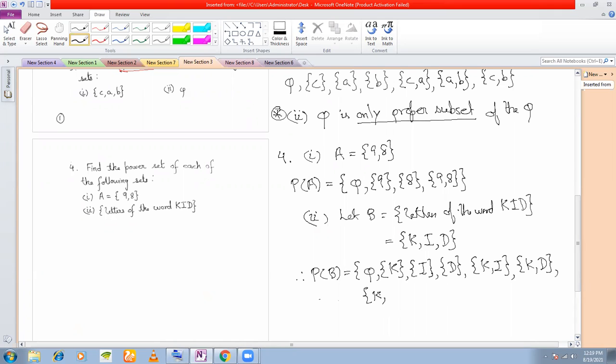KI I have taken, KD I have taken, ID is left. And then you have KID, the set B itself. Okay, so this is the power set. Clear with everything? I'll stop here.